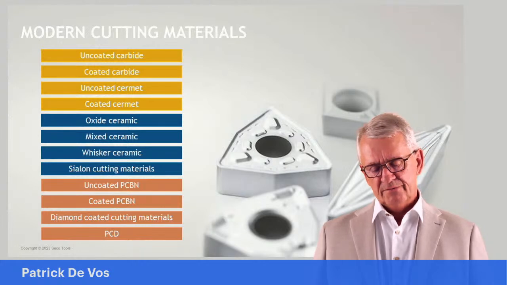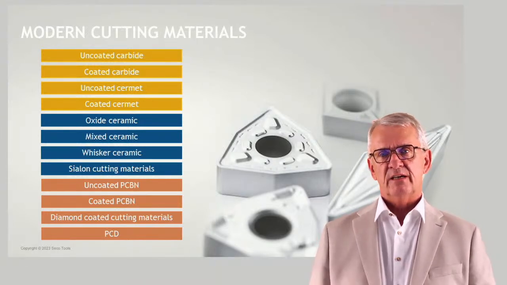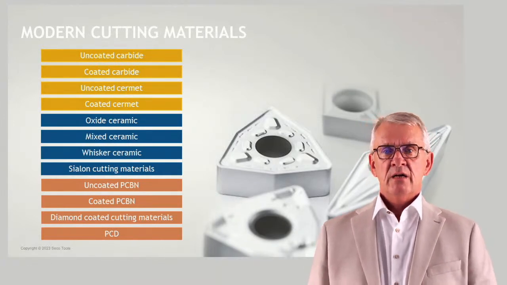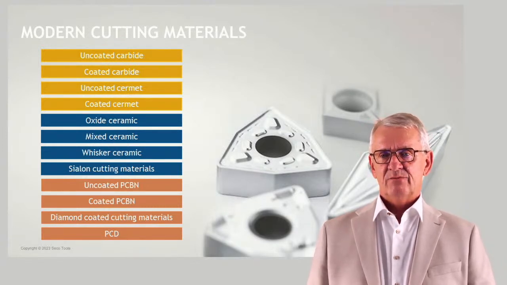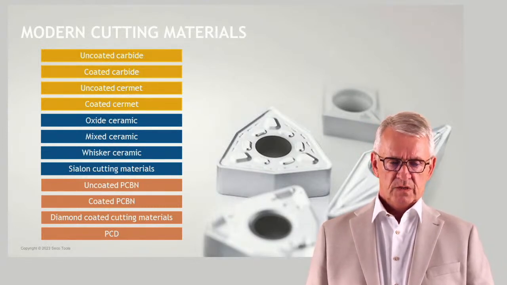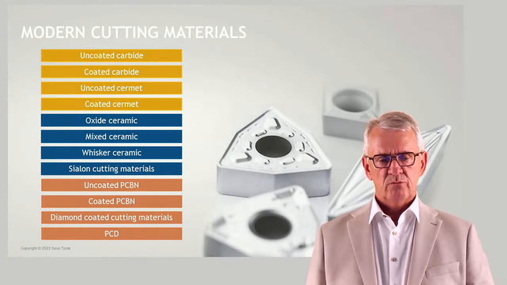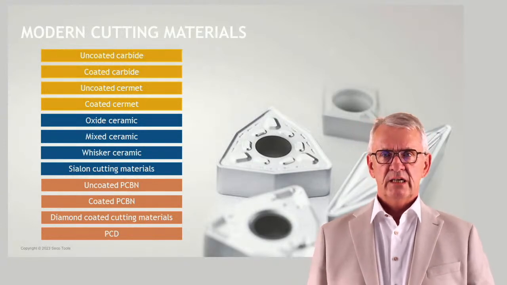Also here we have different types of ceramics, like we have different types of carbides. We have oxide ceramics, mixed ceramic, whisker reinforced, and so on. We have the CBNs, and we have diamonds. CBN and diamond, I don't know, very often we put them in one family. I don't know if it's correct or not, but that's the tradition of doing it.